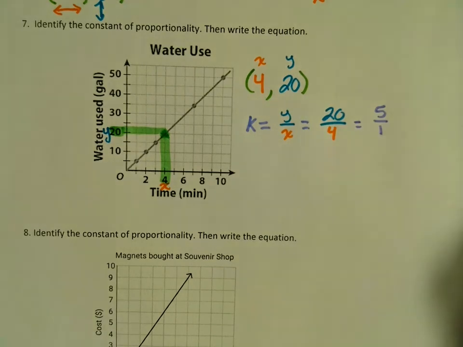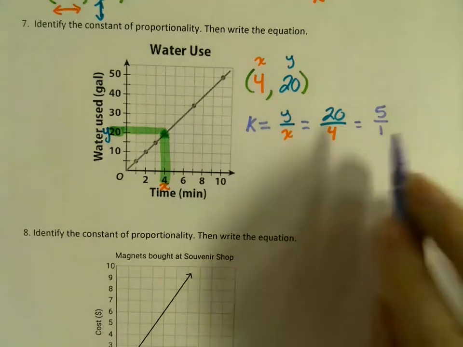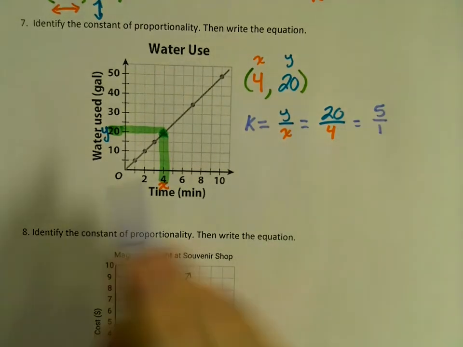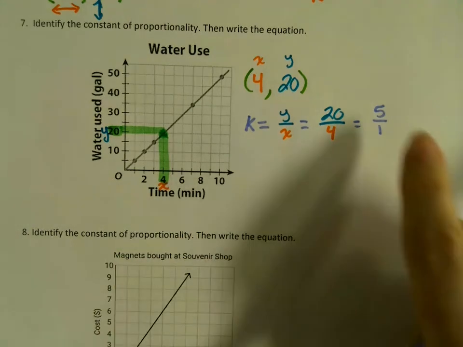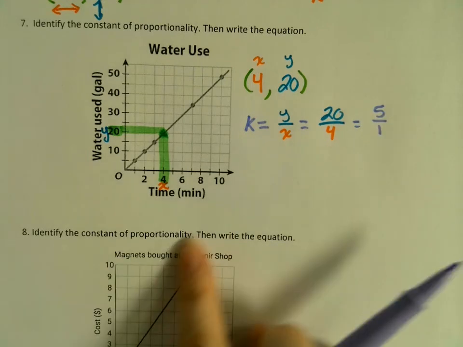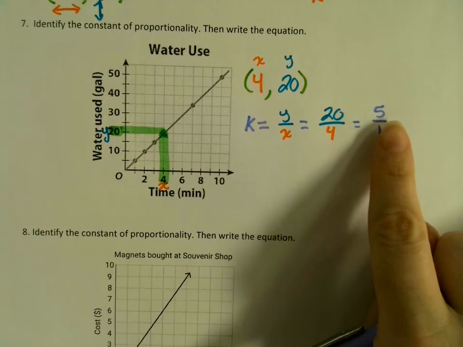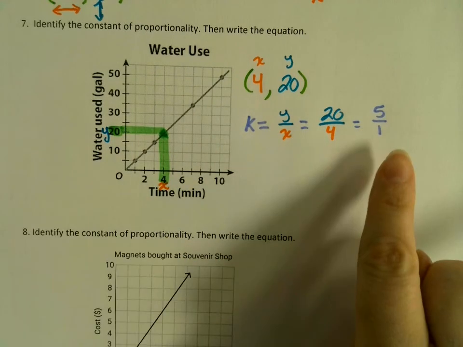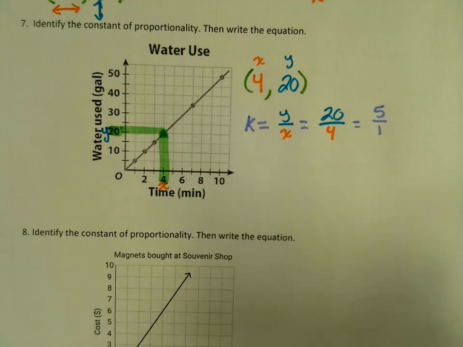So if I relate this back in context to the problem, it's 5 what? Is it 5 minutes per 1 gallon? Is it 5 gallons per 1 minute? It's 5 gallons per 1 minute.